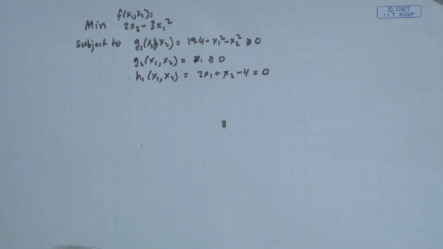One is 0 and another one is minus 4. So it cannot be minus. U's cannot be minus. V can be minus. The V1 for the equality constraint can be positive or negative, but U's cannot be negative. So if you get negative, that means it's not a KKT point. It doesn't satisfy the last condition.